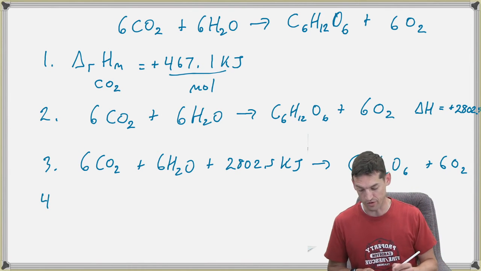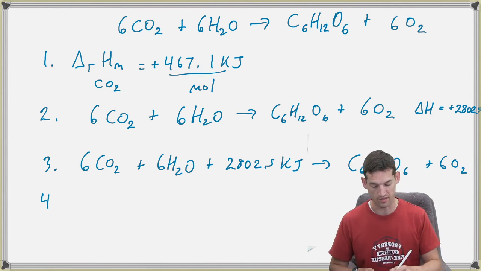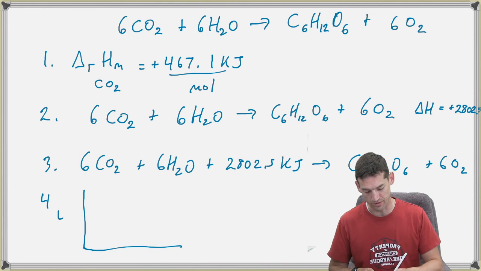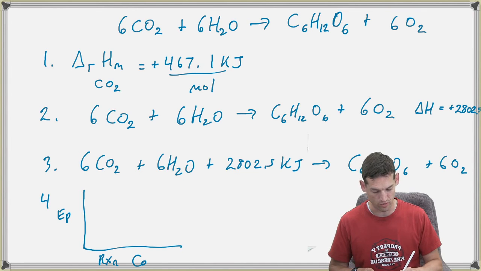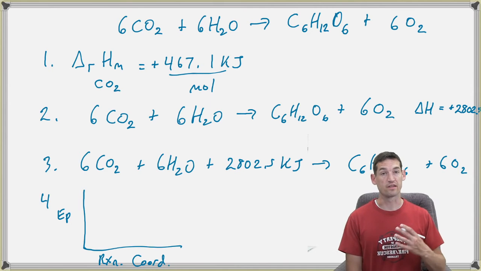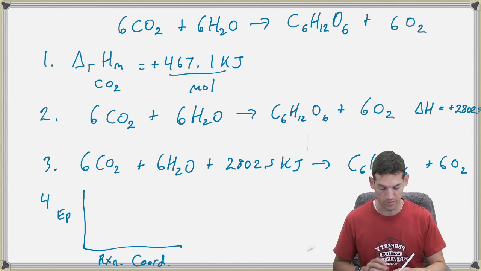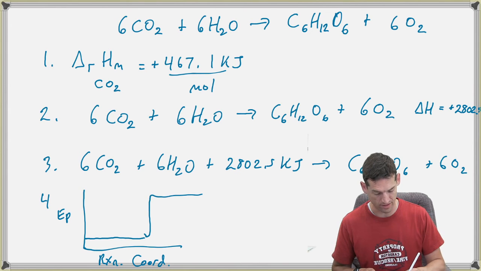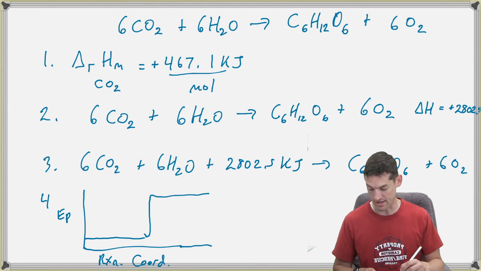And then fourth, if I was to write this as a diagram, remember to draw this out and label it. So this is potential energy. This is my reaction coordinate. It's endothermic, which means it should be gaining energy. So this graph should start low and then go high.